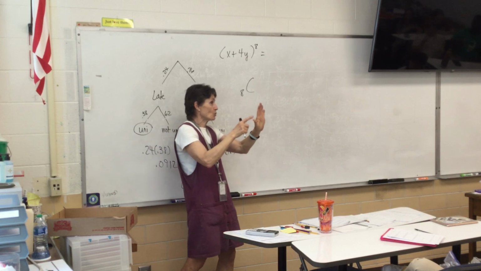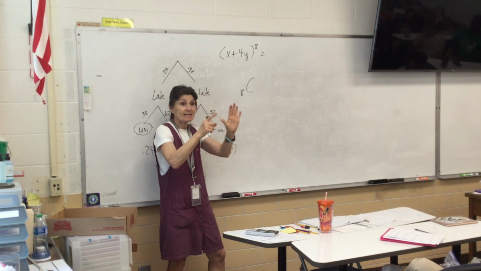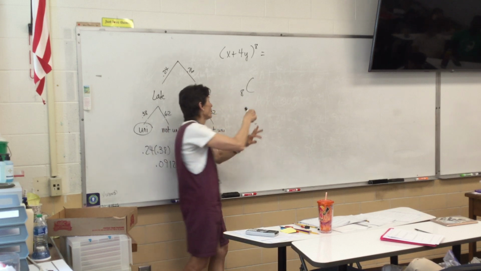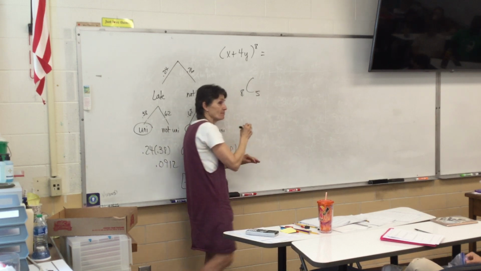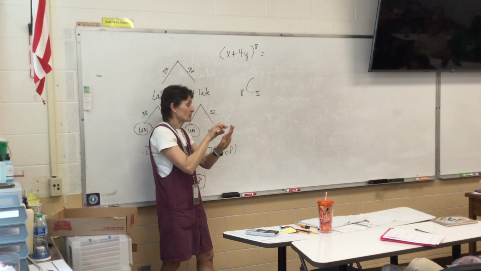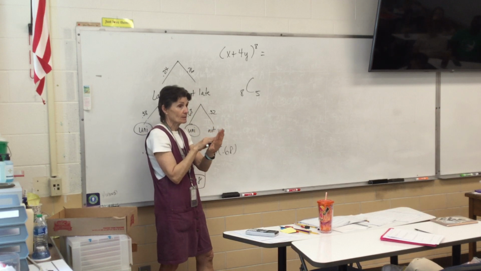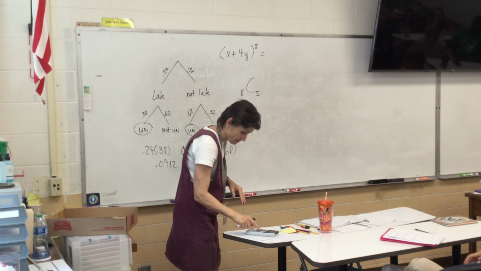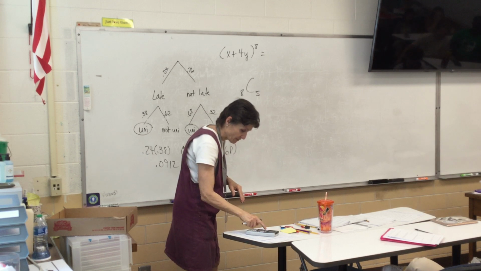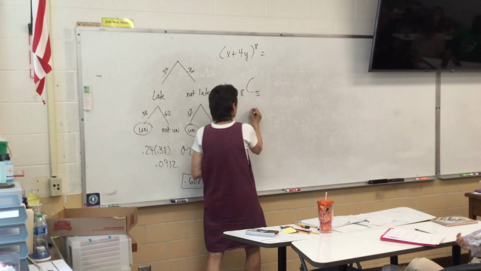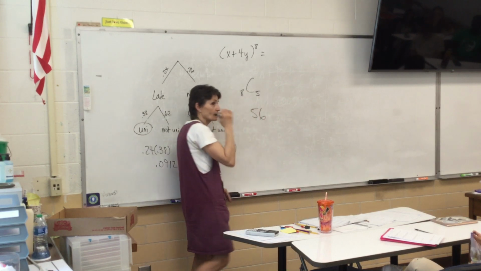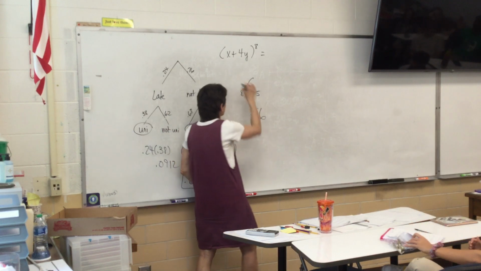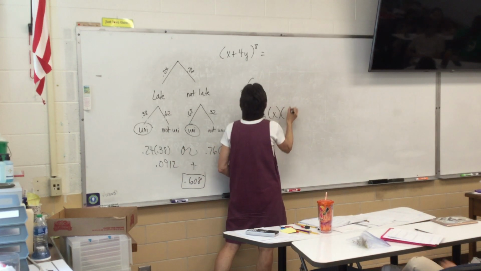So the first term is 8C8, 7, 6, 5. So the 4th one will actually be 8C5, and I did that magically by counting. So 8C5, that you know what that is. That's 56. So my number is 56. Next to the 56 is going to be an X and a 4Y.